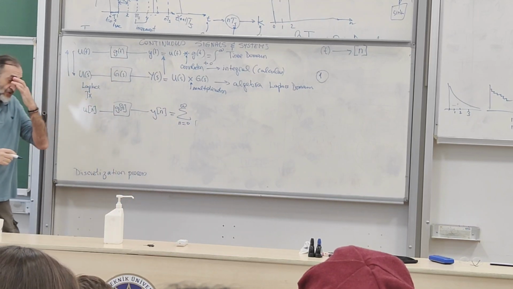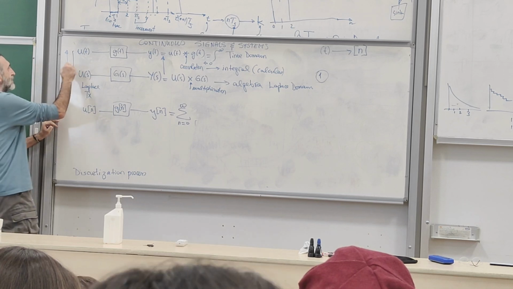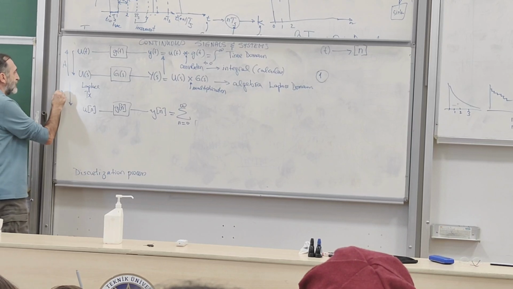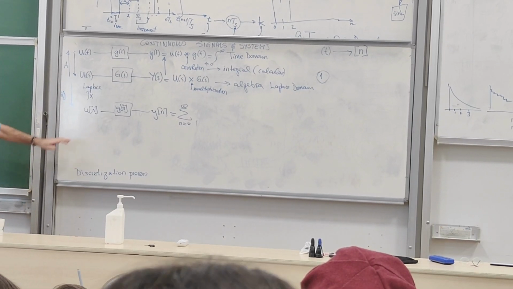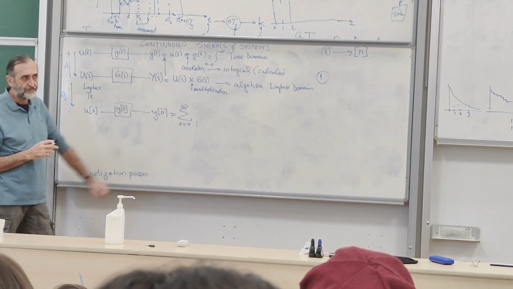So, in the analog to discrete transformation, we switch from integral to summation, one thing.